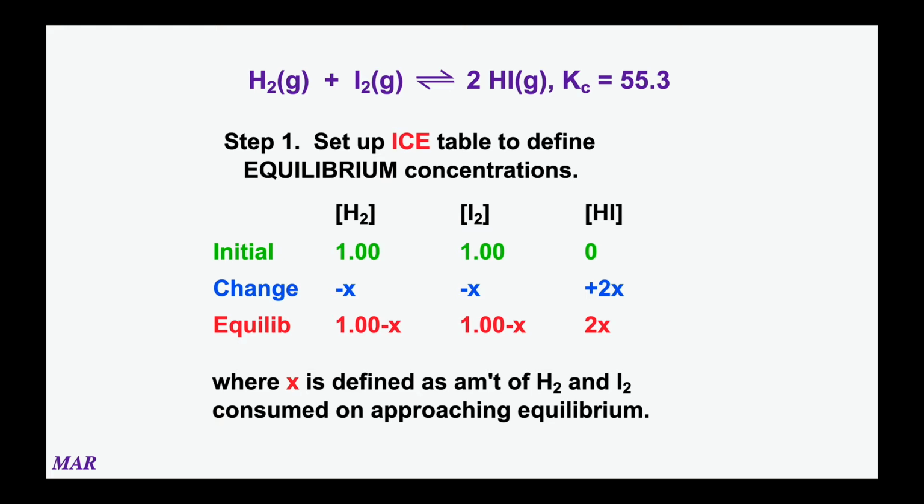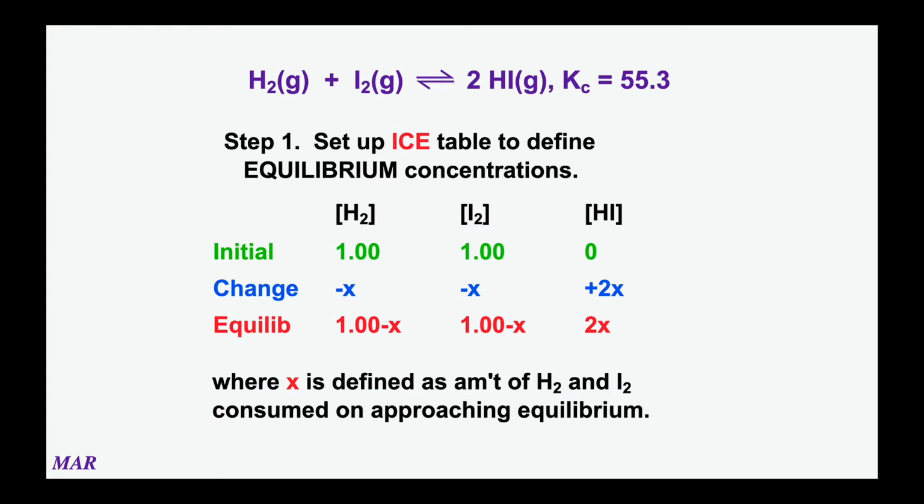On the other hand, as they go down by x, HI is going to go up by 2x. It's got a stoichiometry of 2 relative to the 1 H2 and the 1 I2. So at equilibrium, we're going to have 1 minus x for both H2 and I2 and 2x for HI. So x here is just the amount that these things are going to change. We're going to do a problem here in a little bit where we're going to solve for x.